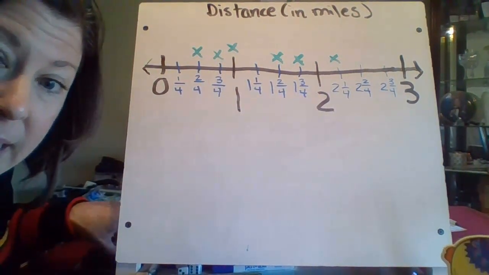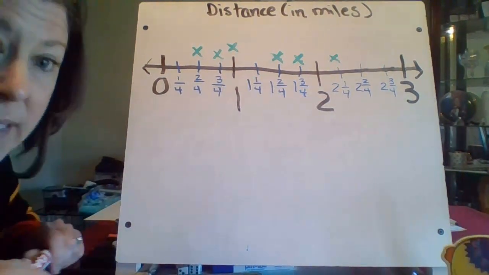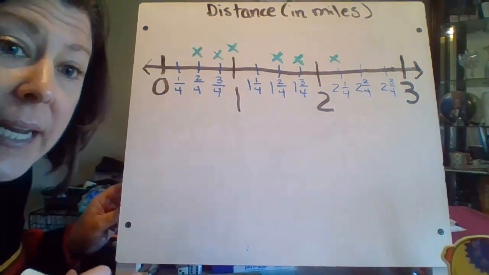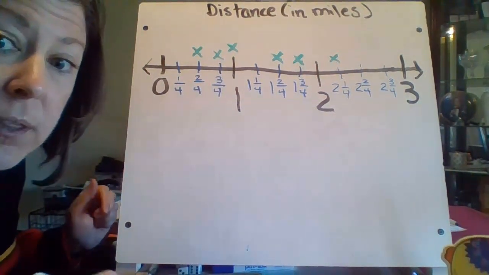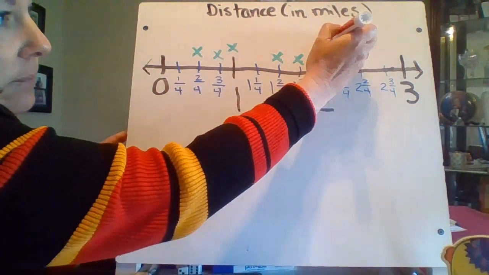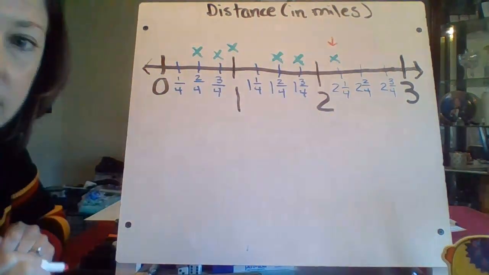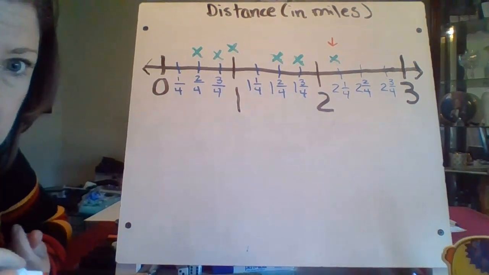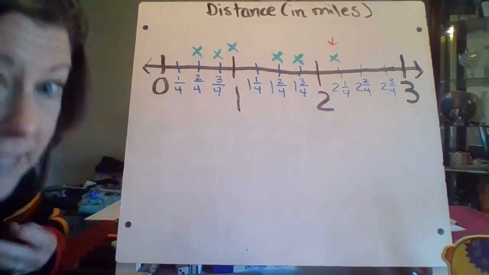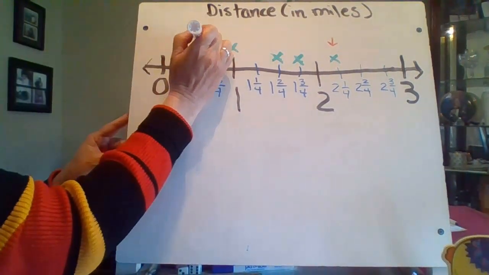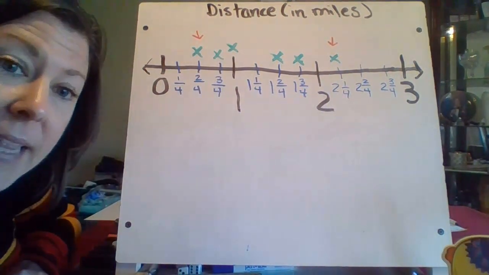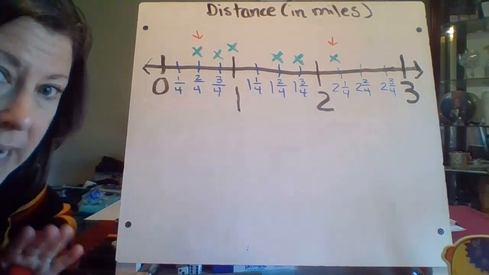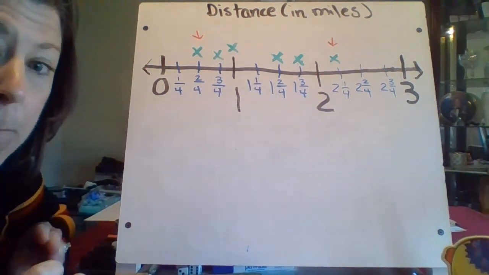First, I have to key in on who ran the longest distance. Well, the longest distance is the highest number or highest fraction, which is 2 1/4. The shortest distance is, well, who ran the least? And that was 2/4.